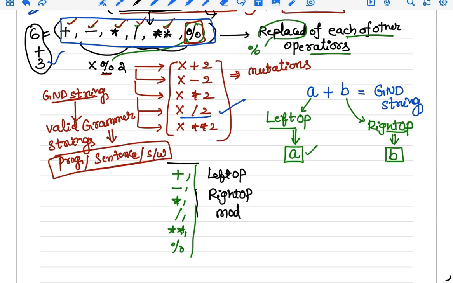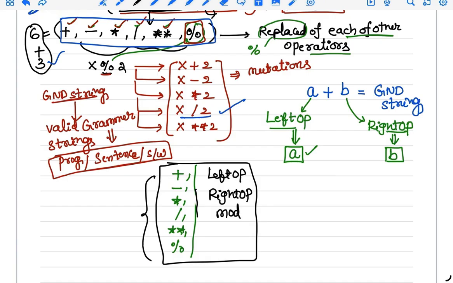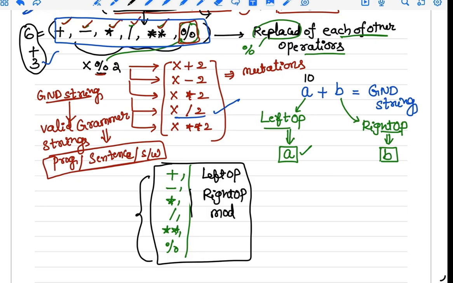You have to remember these 6 for the arithmetic operators. The main ones are these 6 only. Here I write a plus b equals 13. So the original ground string evaluates to 13, with a equal to 10 and b equal to 3.